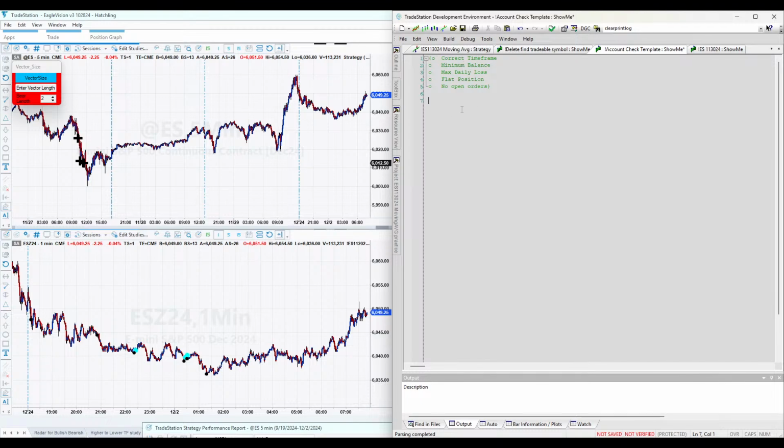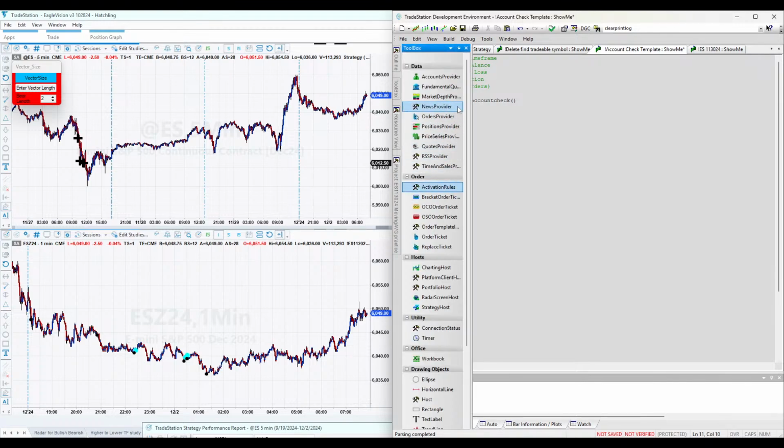I don't know if I want to make these in separate methods or all in one method. I think I'm going to go with all one method. Like I said, I'm eventually just going to copy and paste this over to my other strategy, so everything I put in here won't necessarily look just like this. All right, toolbox.